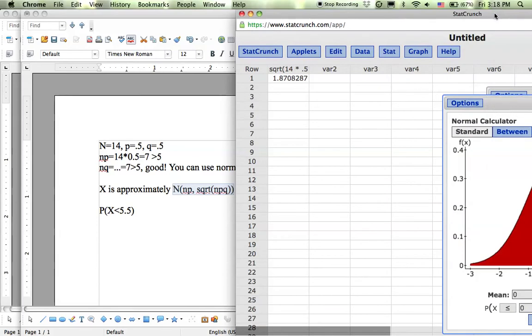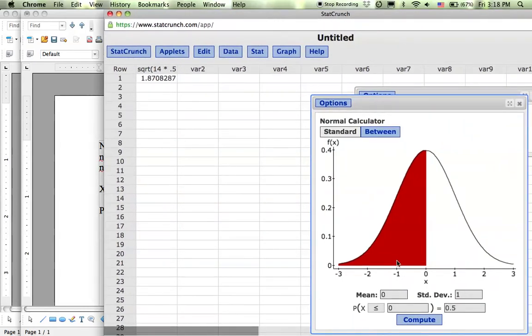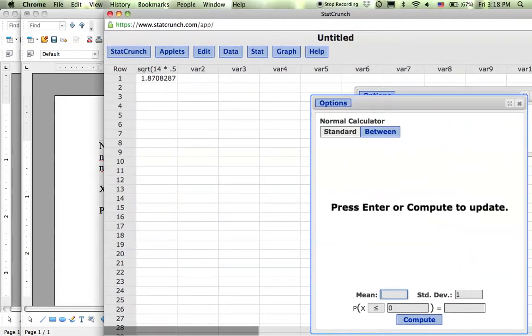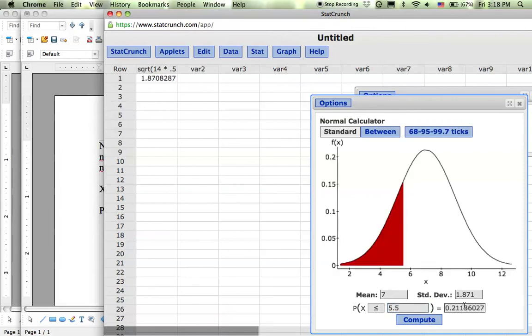Okay, so for this one, you have the mean to be 7, standard deviation to be 1.871, and you need the probability of less than 5.5. Okay, and you compute. This should be the answer for your question.